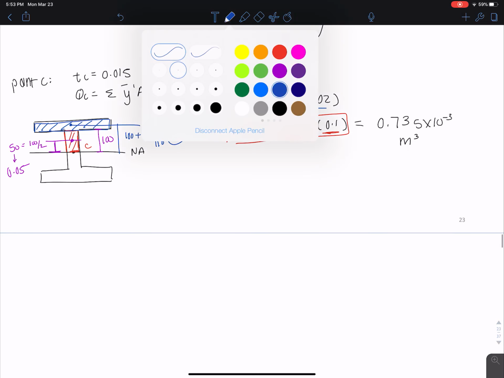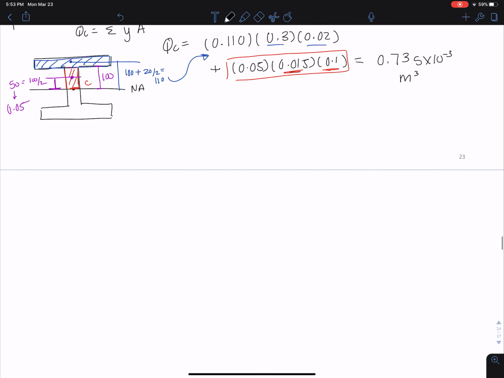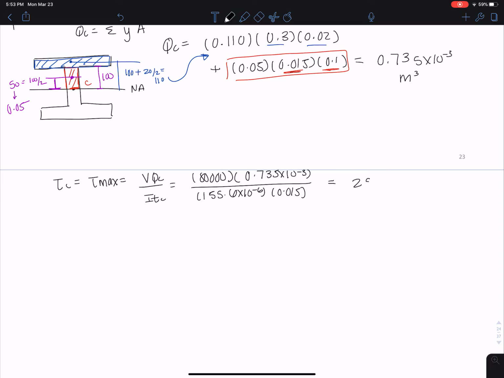Now we can plug everything in and we can get tau at point C. That's actually tau max. So if you got a smaller value, you know something was wrong here. And we get 25.2 MPa.